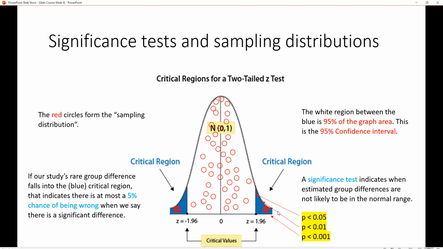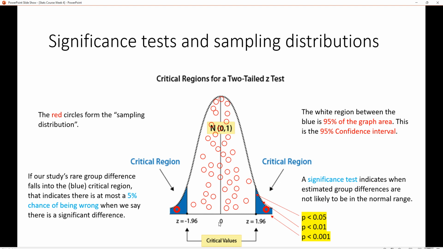So that would be the benefit of using the p-values, is that it gives you an idea of how different the group difference that you're looking at is from something that would be within the normal range. And because when we look at group differences, the default value that we often use is a 0. So that would equal no difference.